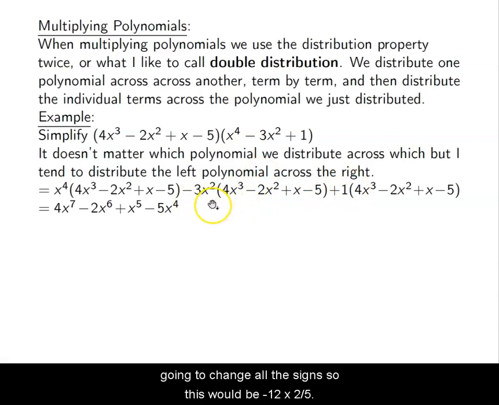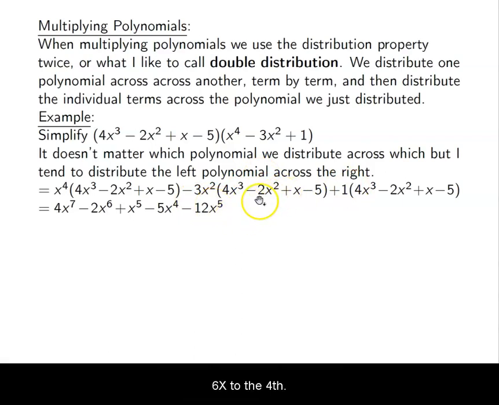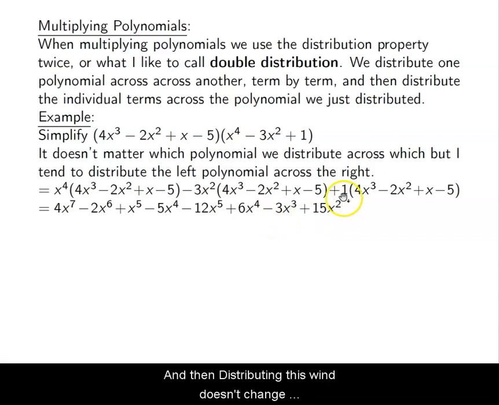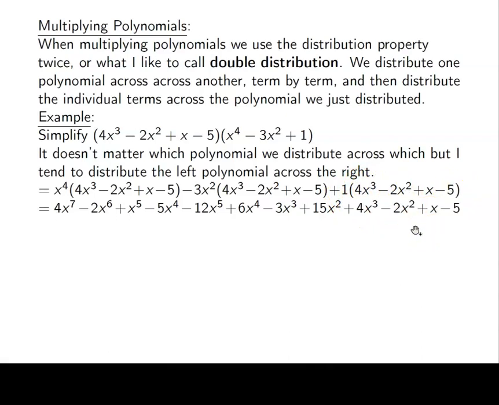So this will be negative 12x to the 5th, 6x to the 4th being added, negative 3x cubed plus 15x squared. And then distributing this 1 doesn't change anything, so I just add that whole polynomial back across.